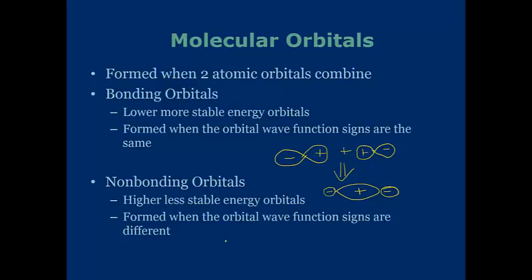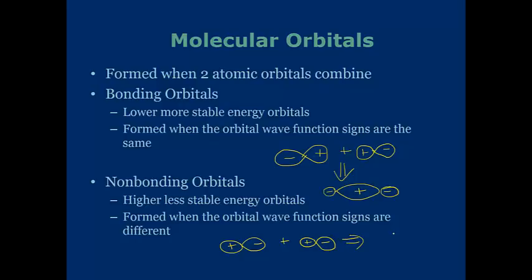Conversely, non-bonding orbitals have a higher, less stable energy orbital, and this is formed when the orbital wave function signs are different. So if I were to go back to my initial example, if these signs were different, then they wouldn't bond, and they would actually oppose each other.